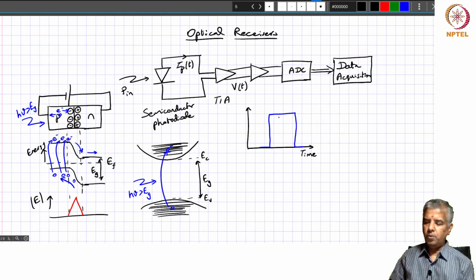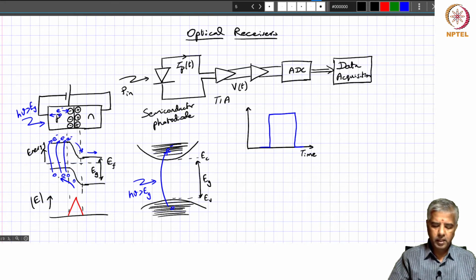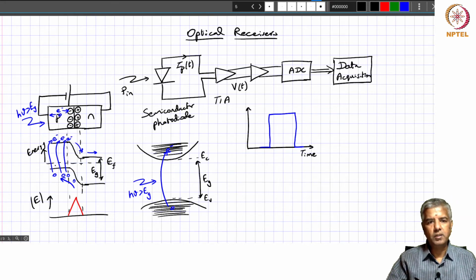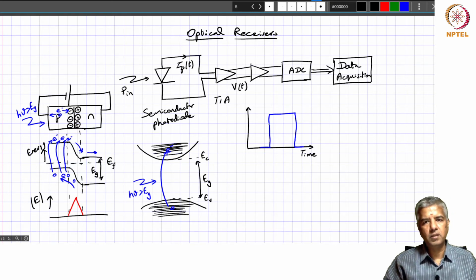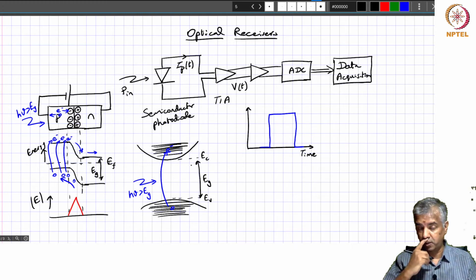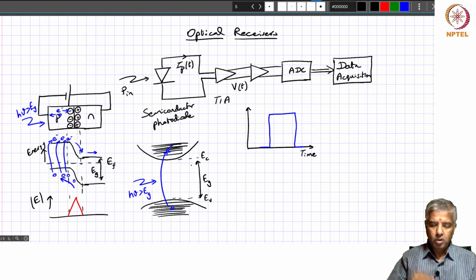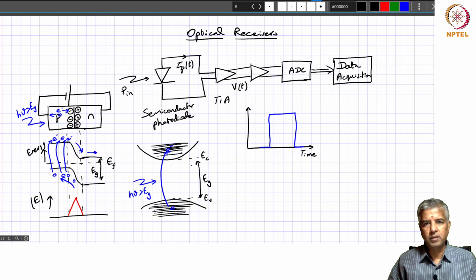Well, if you want to look at that, you have to look at the velocity with which these charges are swept out, right? Because that actually determines the time over which the photocurrent is registering in the external circuit, okay? To look at that, you need to understand something about the carrier transport.